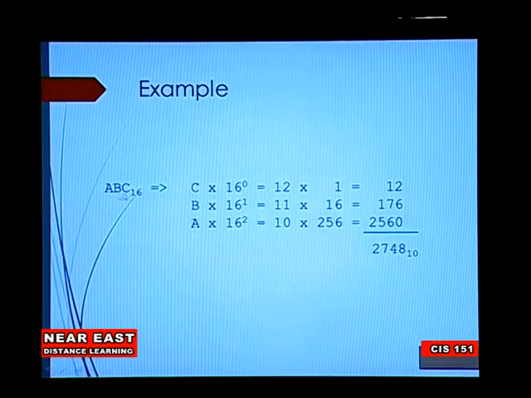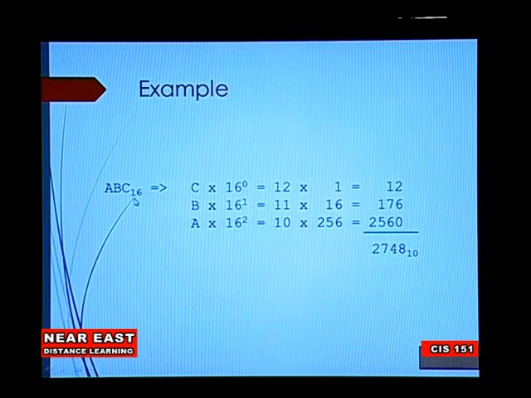In the end, we just add the result. In hexadecimal, we can write ABC, or let's say 1A or B or 2BAC. This shows us the number in decimal, in base 10.